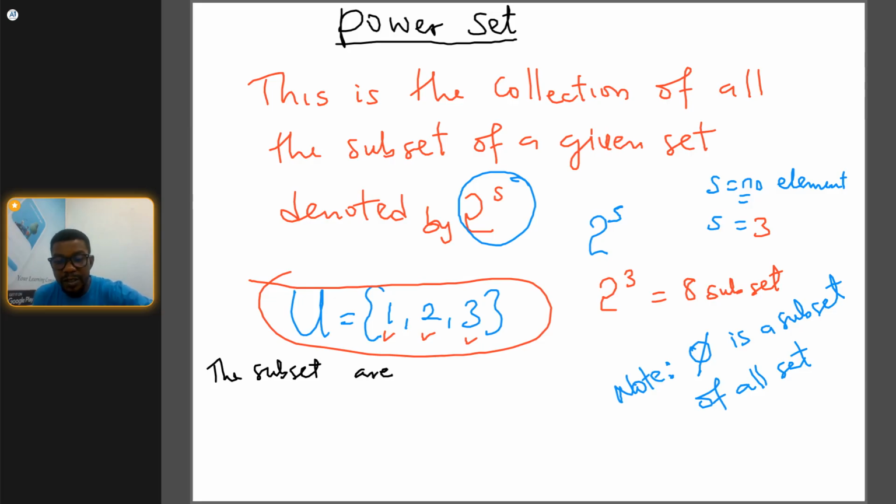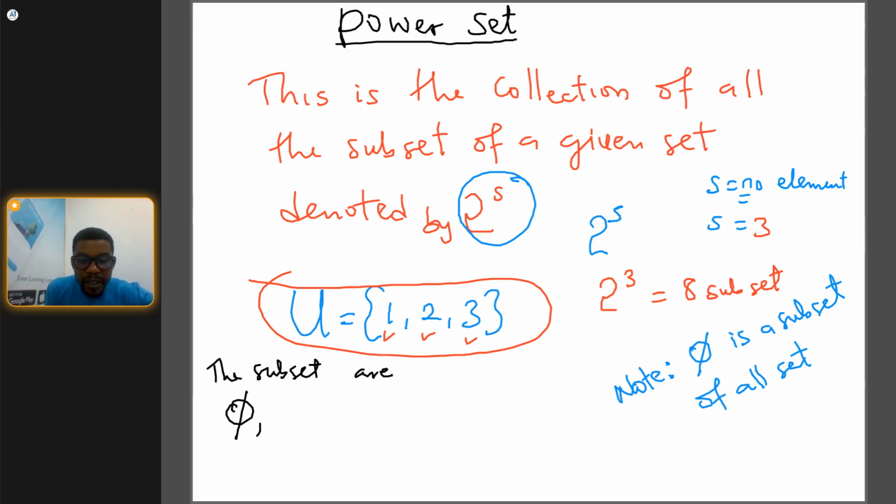Oh, the subset of all universal sets is the empty set. The empty set. Take note. So if I'm going to list out the subsets, I'll say the empty set first, comma.